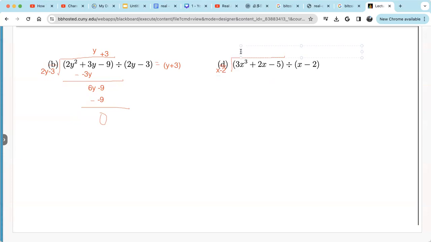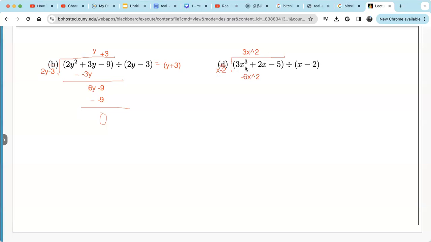So what I'm going to do is, 3x cubed divided by x, that's 3x squared, right? Then 3x squared multiplied by -2 gives us -6x squared. You see, I don't really have to write the leading term, right? Because the leading term cancels. That's my goal every step.